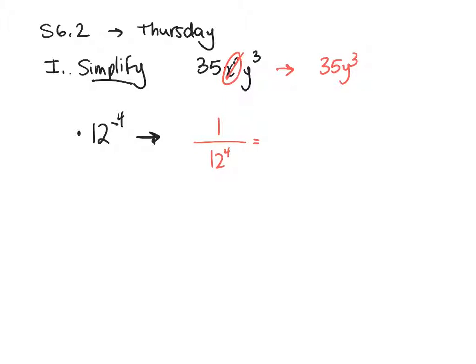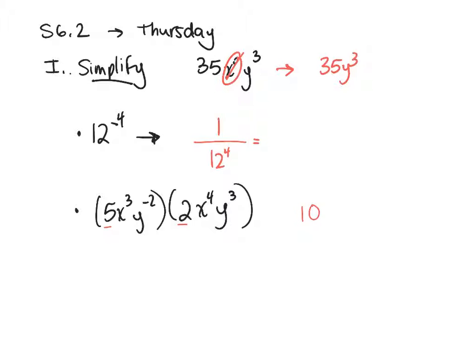Another type of example of simplifying that you're going to have is the simple ones, such as this, where you recall when you're multiplying, you're going to multiply the coefficient. So 5 times 2 is 10.